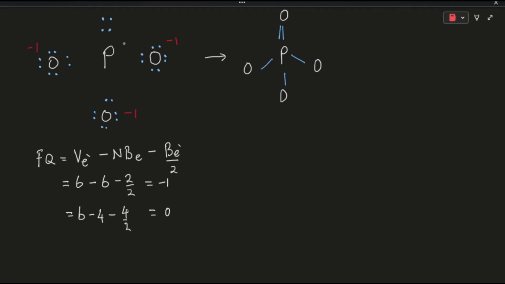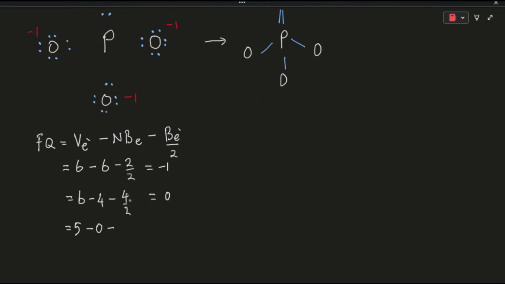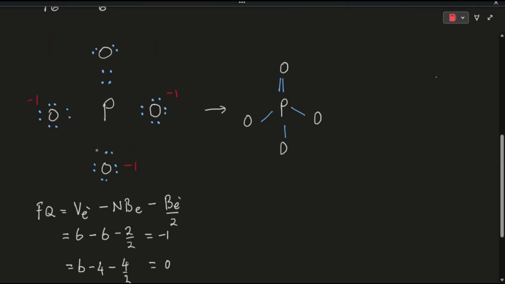Now for phosphorus, the non-bonding electrons is 0 because all the electrons are involved in the bonding. So we don't have any non-bonding electrons for phosphorus. And we have bonding electrons 2, 4, 6, and 4 here. So we have a total of 10 bonding electrons for phosphorus divided by 2. So the formal charge on phosphorus is 0.